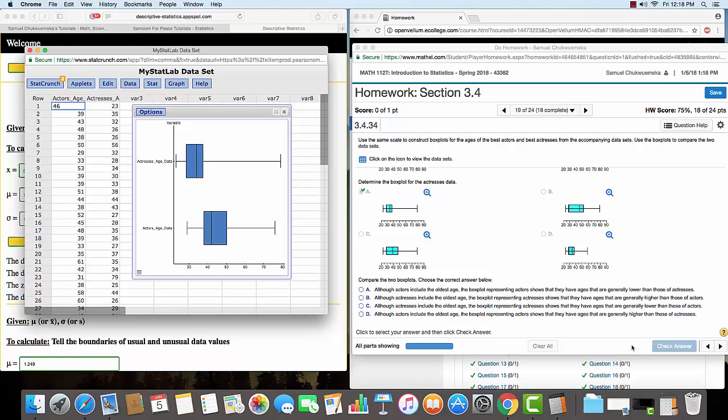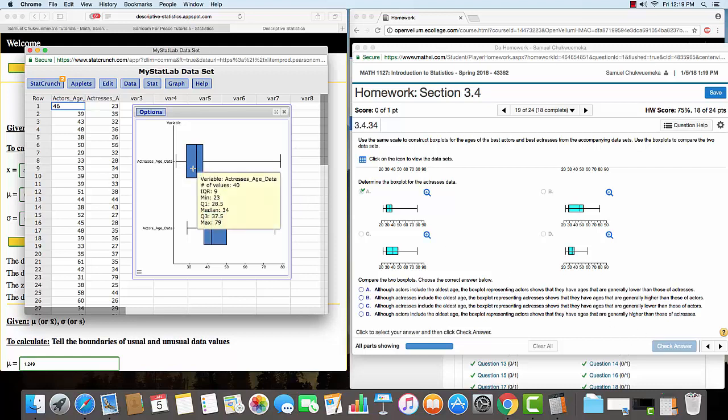B, although actresses include the oldest age, the box plot representing actresses shows that they have ages that are generally higher than the actors. That's not true. C, although actresses include the oldest age, the box plot representing actresses shows that they have ages that are generally lower than the actors.